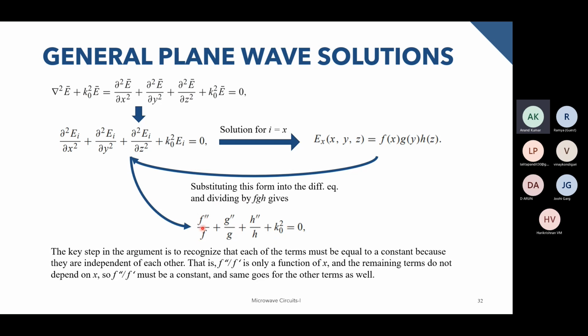So we know that each of these terms will be equal to some constant. So what we'll do is assign each individual fraction equal to some constant, and then solve them independently.